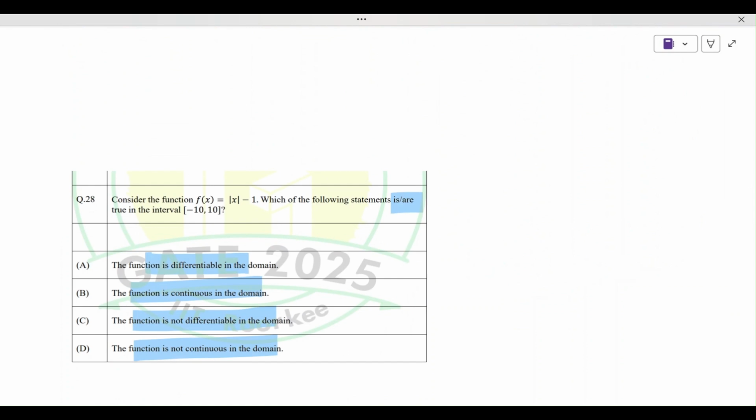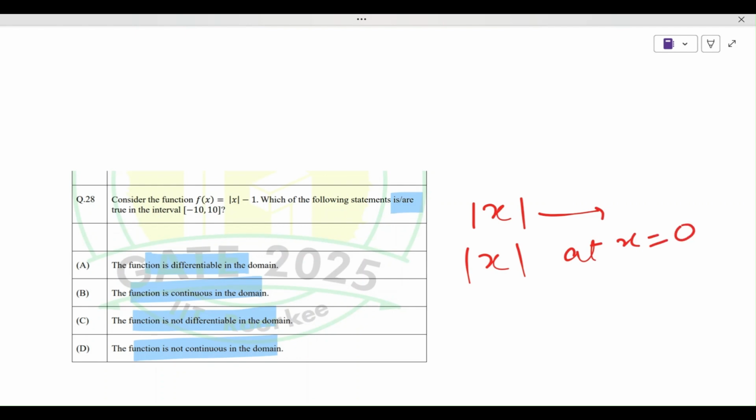So basically we are finding whether it is differentiable or not, continuous or not. Now we know that whenever we are having the absolute value, it is continuous in the domain always. Okay, now for the differentiability, the absolute value is not differentiable at x equals 0.